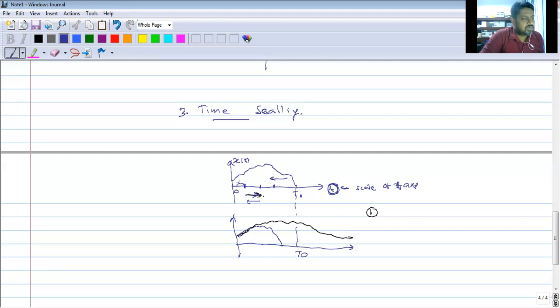So you can see that when we expand the signal, in one case we have expanded the signal, and in the other case we have shrunk, compressed the signal. So here also we have two cases: one is expanding, the other is compressing.